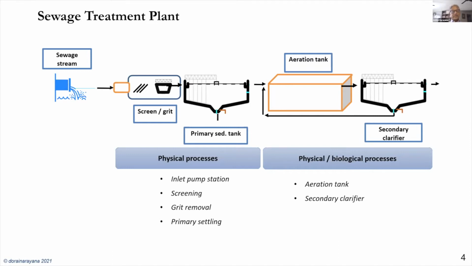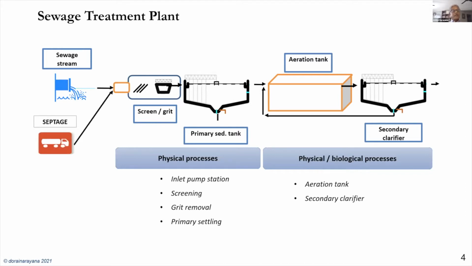The upfront part of the treatment facility is usually the physical processes: pumping, screening, grit removal, and primary settling, right? And then you have the aeration tank and the secondary clarifier, which together function as a physical biological process with microorganisms doing the work. So this is what a sewage treatment plant is about generally.